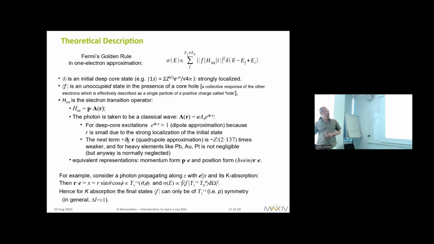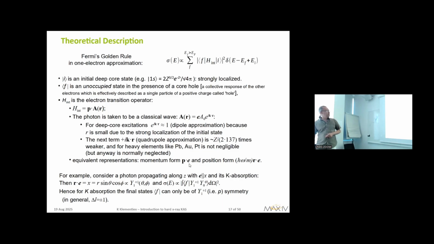The next term in this expansion of the plane wave, the quadrupole approximation, is small. There is the fine structure constant, 1/137, and it's proportional to it, but also proportional to Z, the number of the element. For heavy atoms, like lead, gold, platinum, this Z is about 80. This actually is not that small, but anyway, everyone just neglects the quadrupole transition when calculating absorption probability.